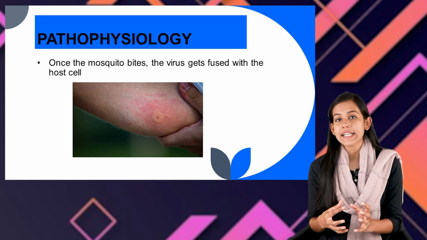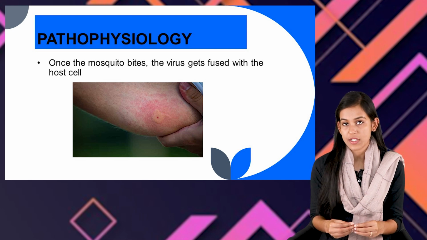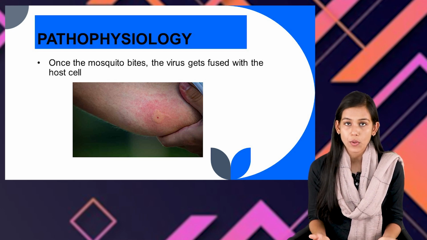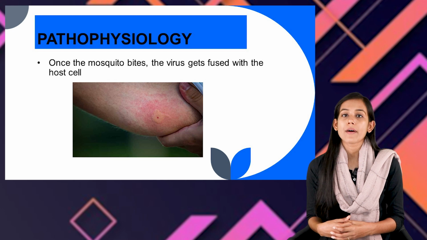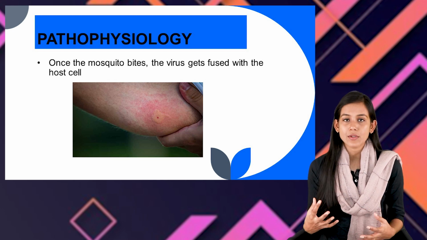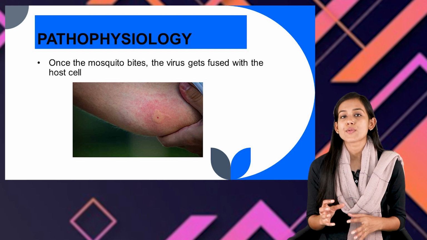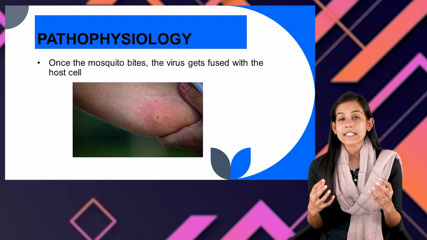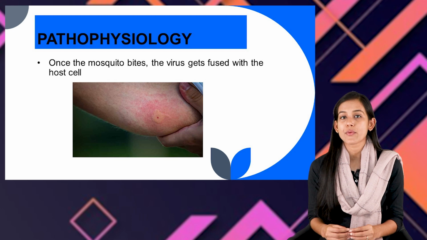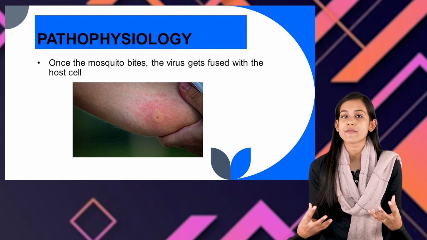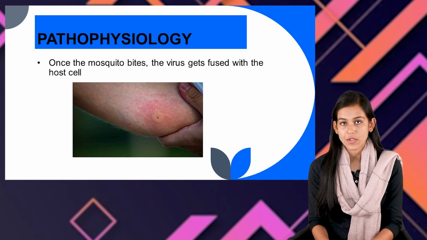It gets attached with the host cell and enters into it. Due to its structure, it has certain structures with the help of which it gets attached or fused with the host cell, and that helps the virus to enter the host cell.